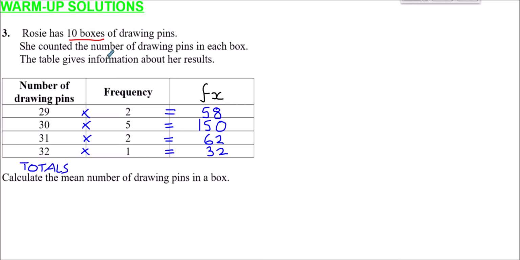For frequency, we're told there are 10 boxes, so that's 10. And then for fx, adding all these together, we get 302. So to calculate the mean number of drawing pins in a box, the mean is just going to be 302 divided by 10, which gives us 30.2 pins.